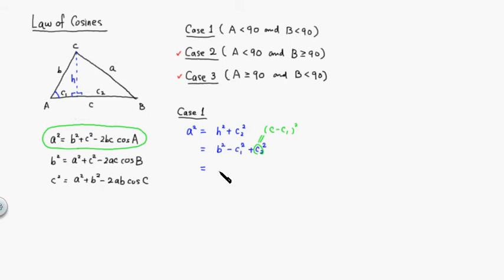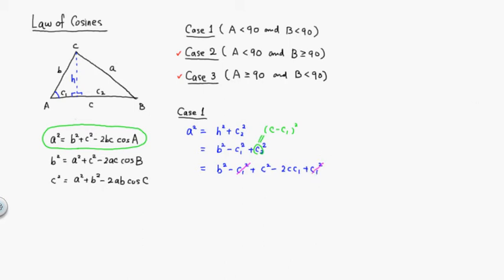So plug that in: we have b squared minus c1 squared plus, multiplying this out, c squared minus 2cc1 plus c1 squared. And luckily, we can cancel the negative c1 squared with the c1 squared there.